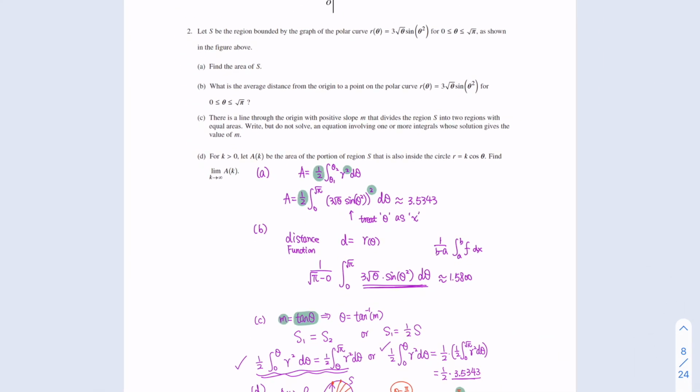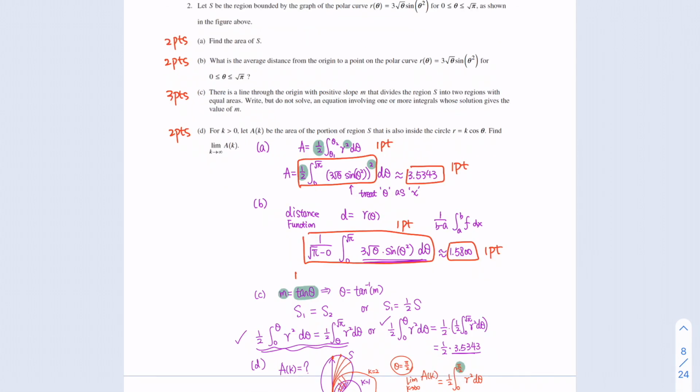For this problem, 2 points, 2 points, 3, and 2 points here. For part A, the integration is 1 point, and the final answer is 1 point. For part B, same thing: the average value and the whole integration, 1 point. 1 point here, 1 point here, and 1 point here.